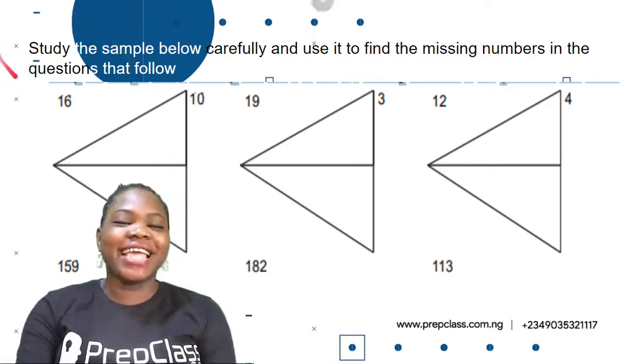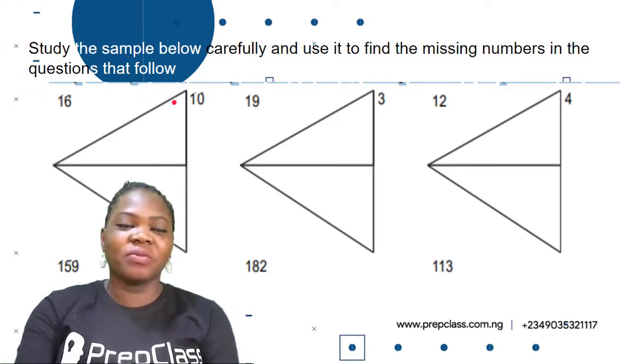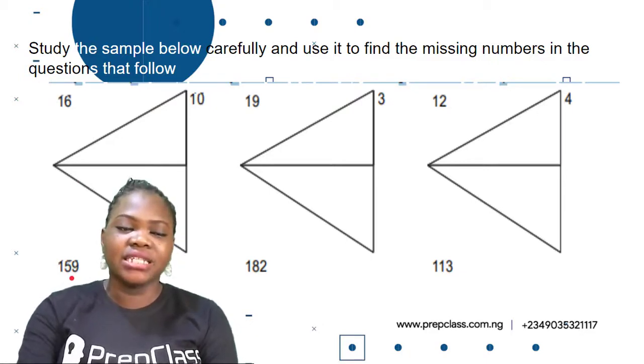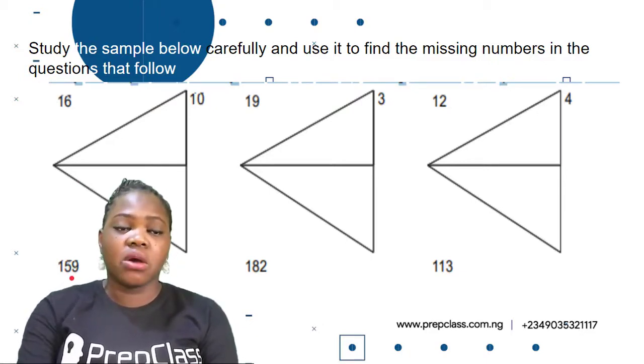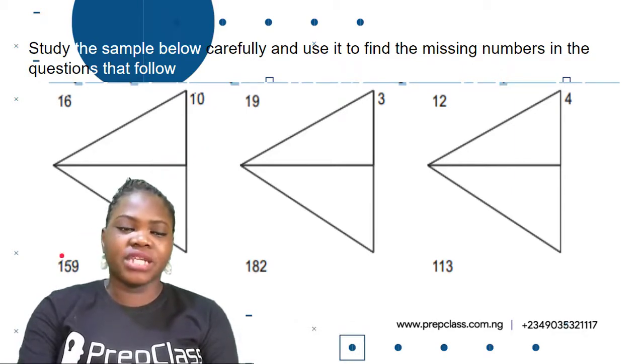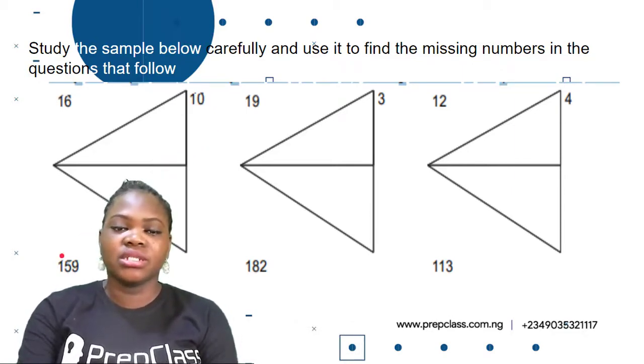Okay, 16 and 10 are the top numbers and the bottom number is 159. So how is this gotten? Let's start with addition. 16 plus 10 is 26. But this is 159, so it's not addition.